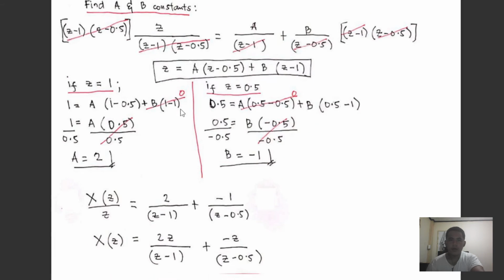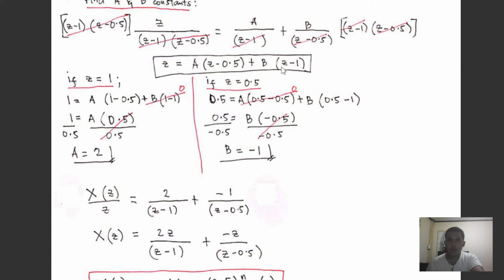We use this equation for the solving. If z equals 1, we substitute z with 1, so we get 1 equals A times (1 minus 0.5) plus B times (1 minus 1), and this second term equals 0. Solving, A is equal to 2.